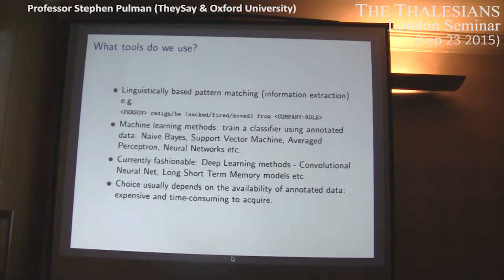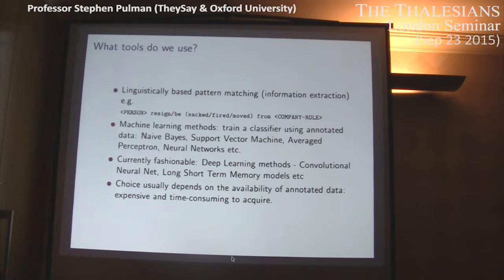I'm not going to give lots of technical stuff because this isn't the place for it, but there are several different approaches that any computational linguistics group will have in its repertoire.